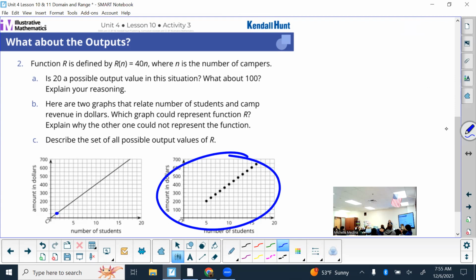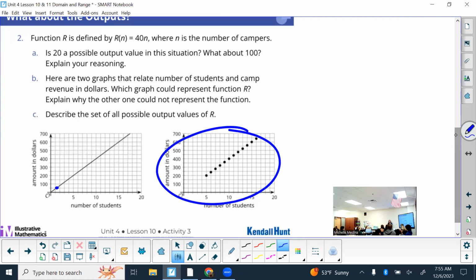So if they're only taking whole numbers, things like that, I should probably use dots for that reason alone. And then also the reason why we didn't connect these dots is because if they're charging 40 per person and we're starting at 5, 40 times 5 is 200.